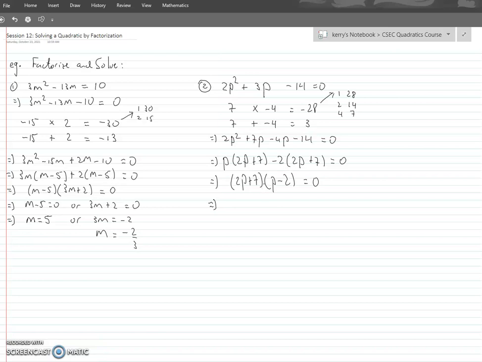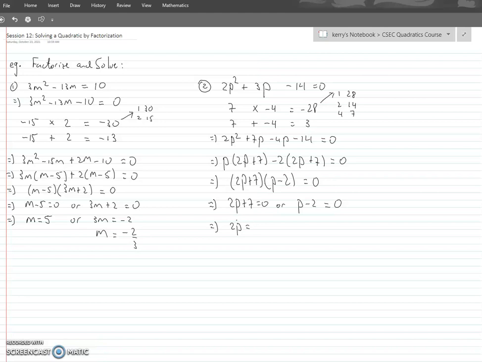This is multiply in the middle of these two brackets here. So what we do is we consider that if two things multiply to give us 0, it means that either the contents of the first bracket must be equal to 0 or the contents of the second bracket must be equal to 0. This will give us 2p, this is add 7.